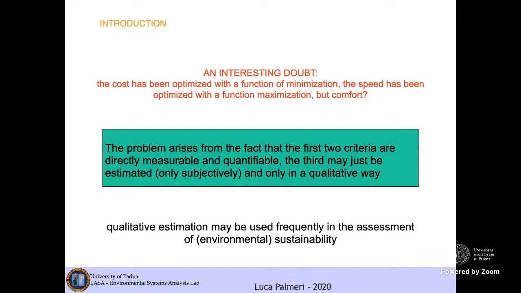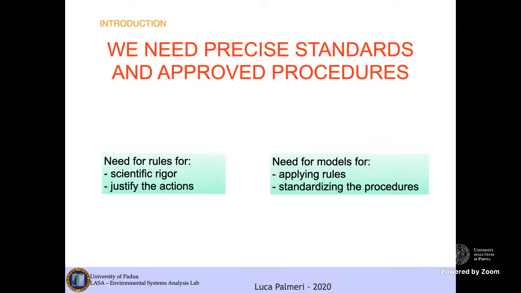Qualitative estimations are used frequently, and in particular in assessment of environmental sustainability we are always in this condition. We always have some criteria that may be evaluated only in a qualitative way and not quantitative. This is why we need precise standards and approved procedures.